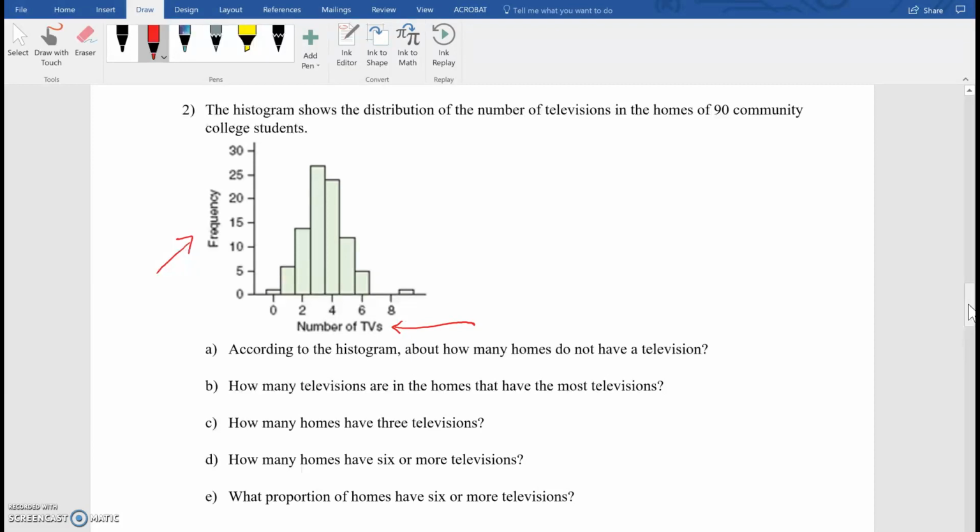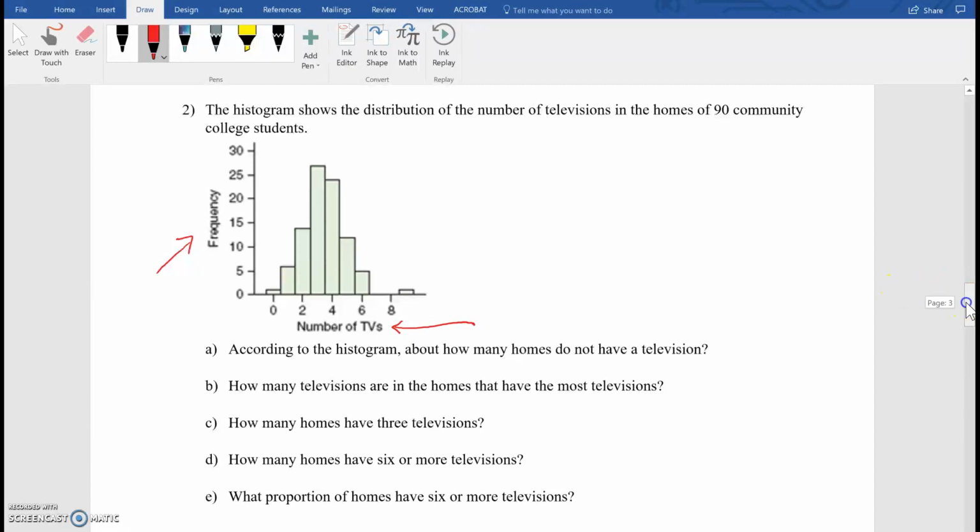If I look at this 2, for example, it says there are 2 TVs. How many people have 2 TVs? If I go up to the height, it's around 14. So around 14 people have 2 TVs. How many people have 6 TVs? Around 5 community college students have 6 TVs. That's how you would read this graph.